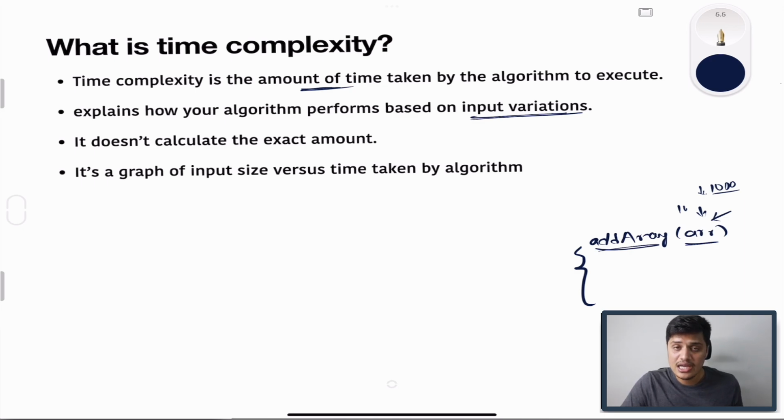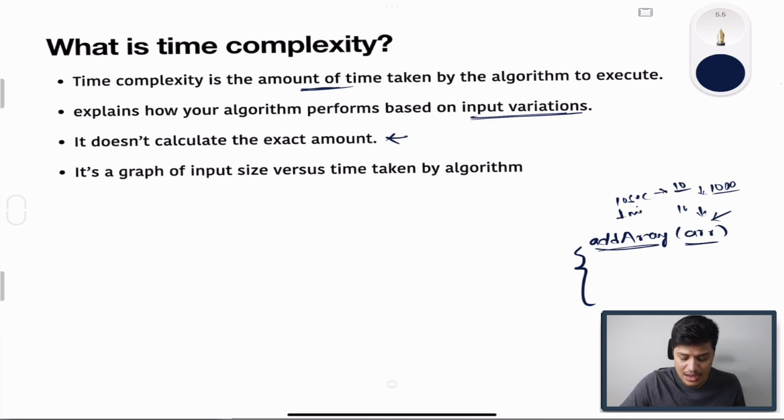The next point that we have to remember in terms of time complexity analysis is that we will not calculate the exact amount of time that the algorithm takes. What I mean by that is, for the add array function that we have written, we will not say our algorithm is going to take 10 seconds for an array that has 10 elements.